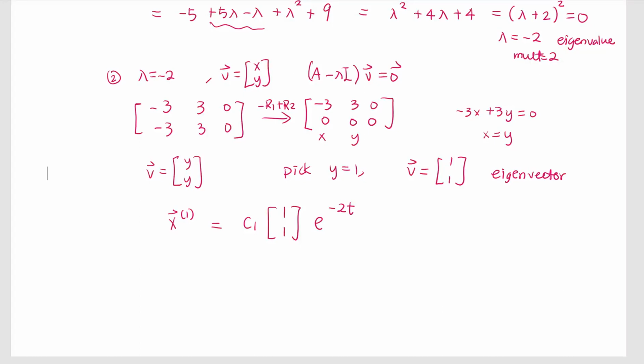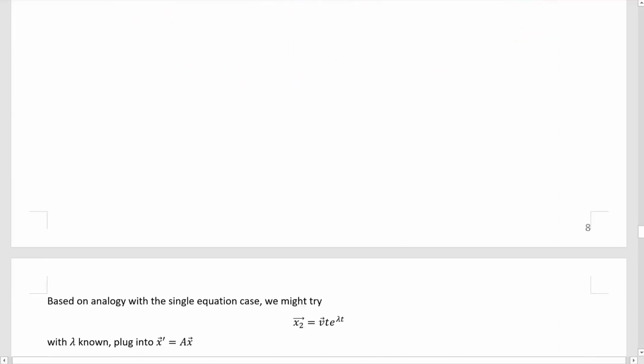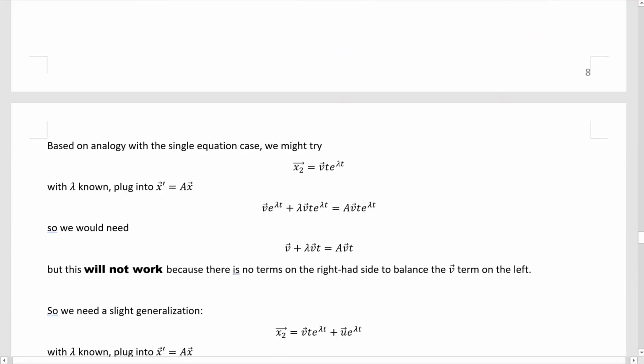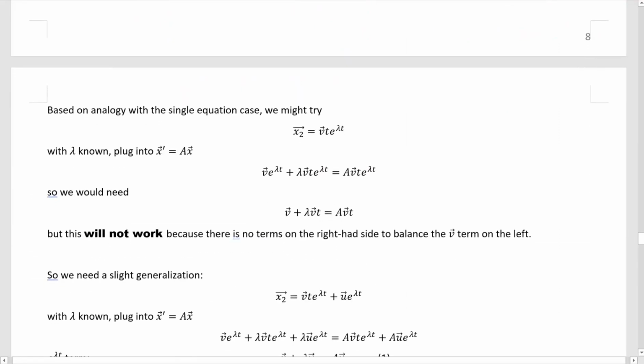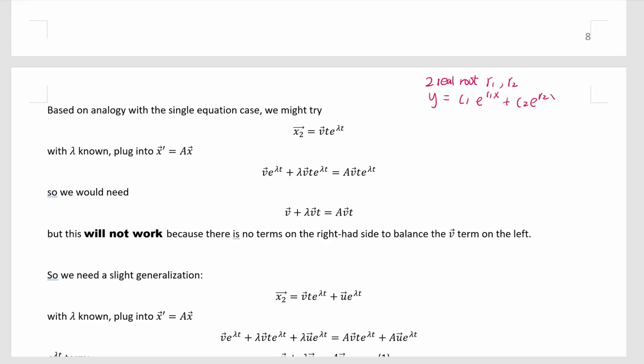Do you remember in chapter 5, when you have two real roots, let's say R1 and R2, your solution is like C1 e to the R1x plus C2 e to the R2x, right?